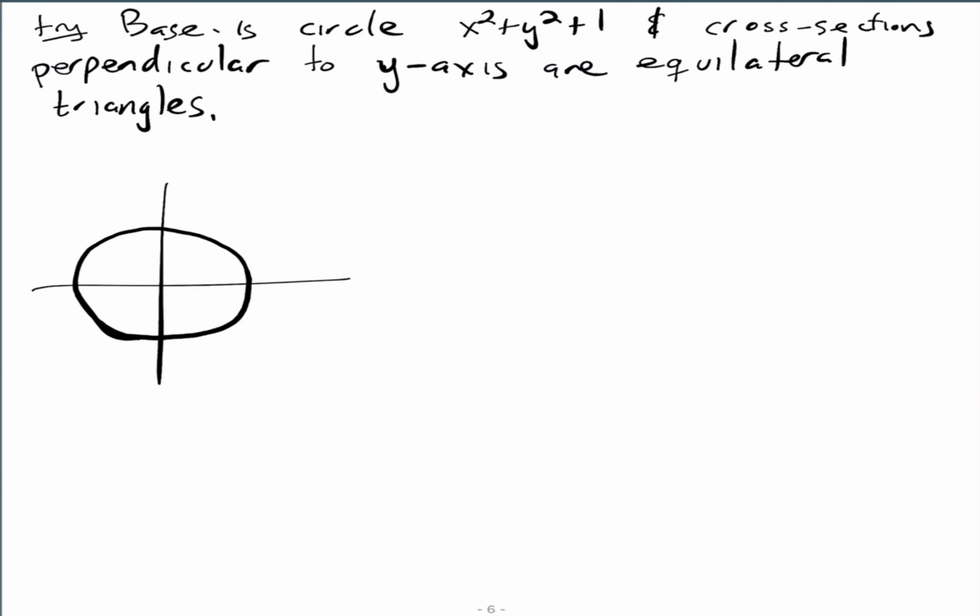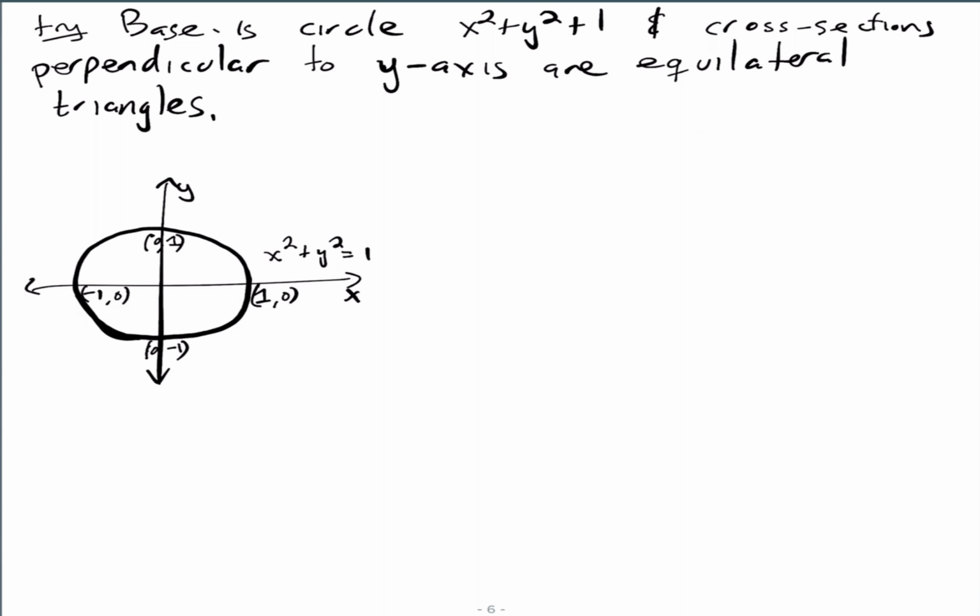Okay, there's our base. That's a circle. x squared plus y squared equals 1. This is the x-axis. Here's the y-axis. This is (1, 0), (0, 1), (-1, 0), and (0, -1).